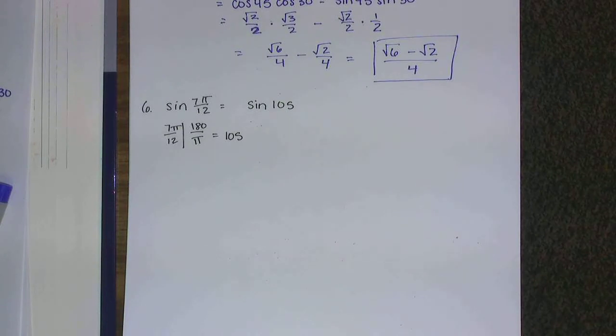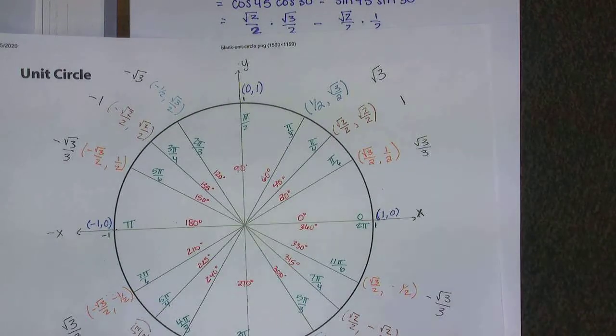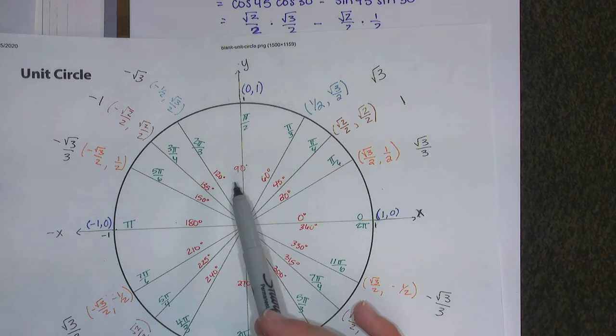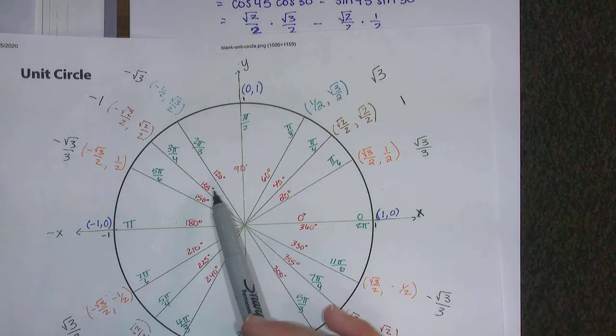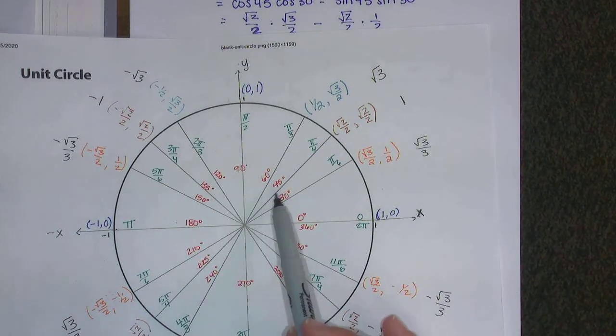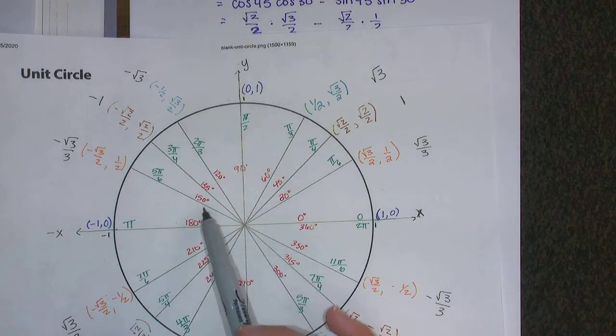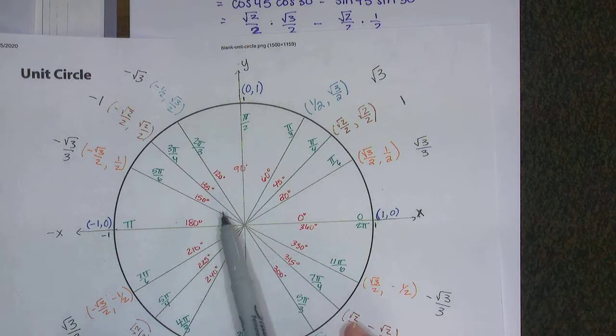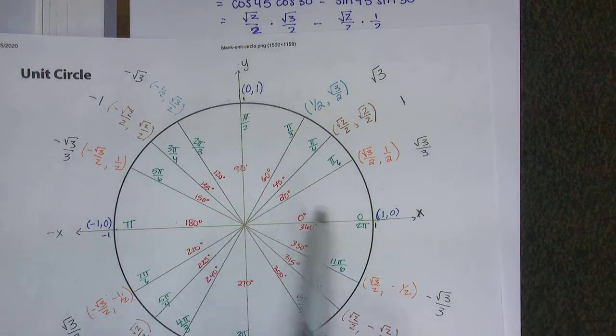So again, there are most likely several possibilities that we could use here. Immediately I look at 135 minus 30. I look at 150 minus 45. Just to name a couple of possibilities, I'm going to go with the 135 and the 30. Not that it really matters, but it's the one I'm going to pick.